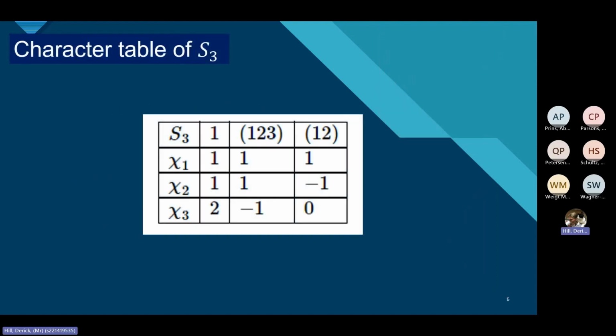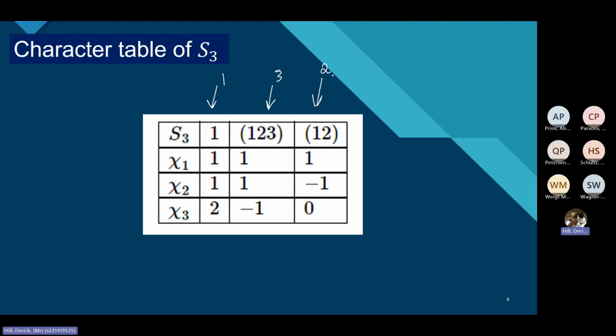Here is an example of a character table, and we have the character table of S3. Now, I want you to notice here the column headings over here. We have a 1 cycle, we have a 3 cycle, and we have a 2 cycle. This reminds us of the conjugacy classes of S3 that we just went over a minute ago.